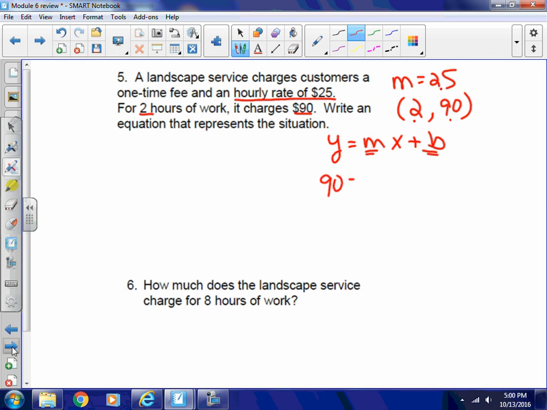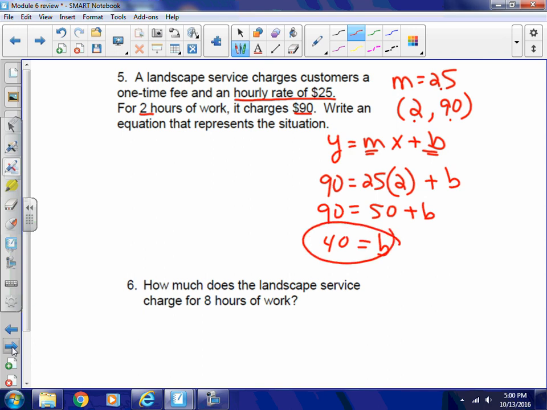So 90 equals my slope of 25 times my x value of 2 plus b. 90 equals 50 plus b. If I subtract 50 from both sides, I find that my b, my y-intercept, is 40. So now that I have my b and I was given my m, I can write my final equation. Y equals 25x plus 40.